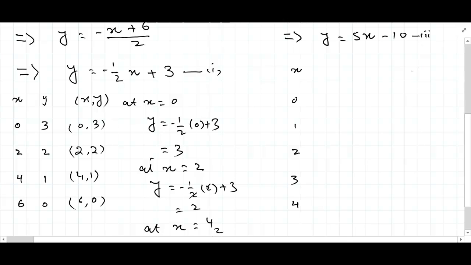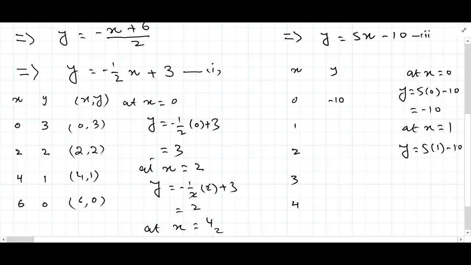At x equal to 0, what will be the value for y? y is equal to 5 times 0 minus 10, that is equal to minus 10. So against x equal to 0, y is equal to minus 10, and at x equal to 1, y is equal to 5 times 1 minus 10, that is equal to minus 5.